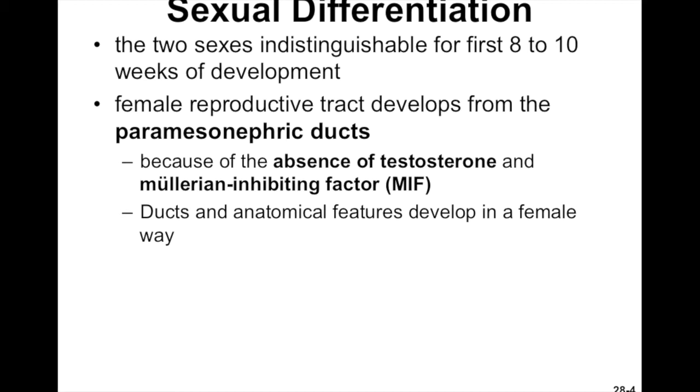So if you had testosterone, even if you were an XX chromosome, if you had testosterone being produced, you would develop male genitalia. If you don't have testosterone being produced, you develop female genitalia. All right. You also have something being produced called the Mullerian inhibiting factor, and both of these lead to the female reproductive tract developing.